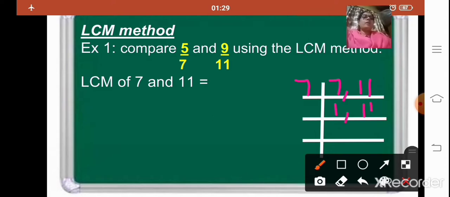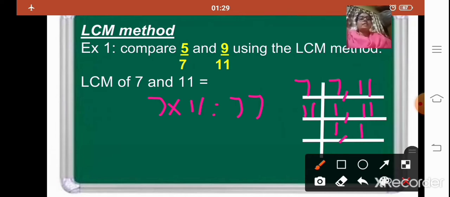You write 11 as it is. 11 is also a prime number, so this will remain as it is. 11 ones are 11. So what is your LCM? Your LCM is 7 into 11, that is 77.